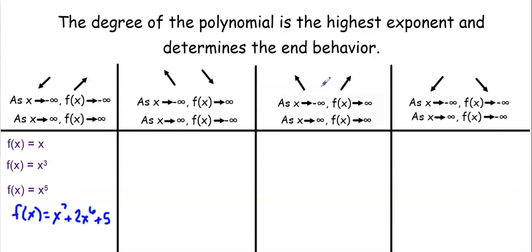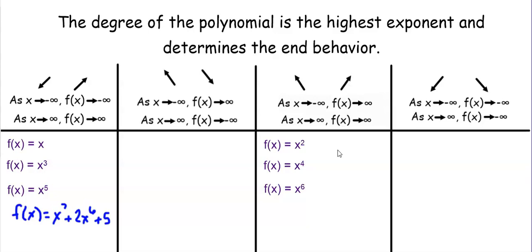Now, we also saw when we were first exploring some of end behavior that had both ends going up. So a few examples of this type of end behavior, where as x is approaching negative infinity, f of x is approaching positive infinity, that's that end. And as x approaches positive infinity, f of x approaches positive infinity, that's that end.